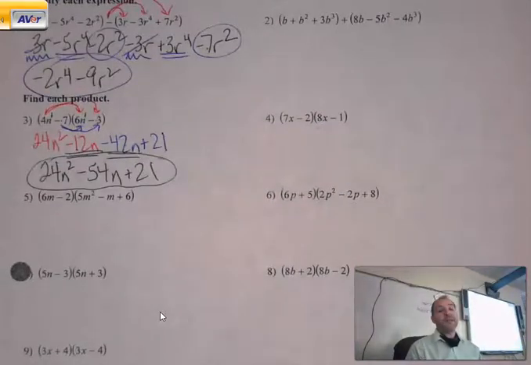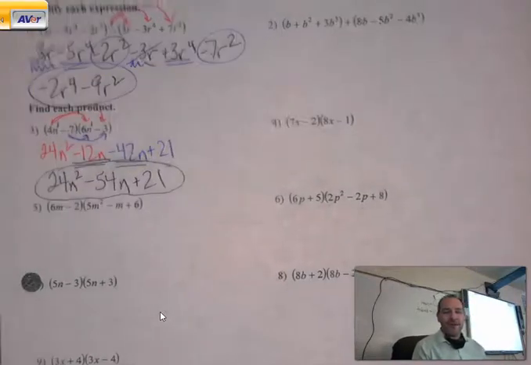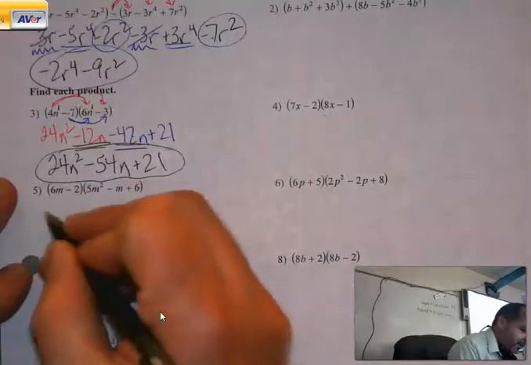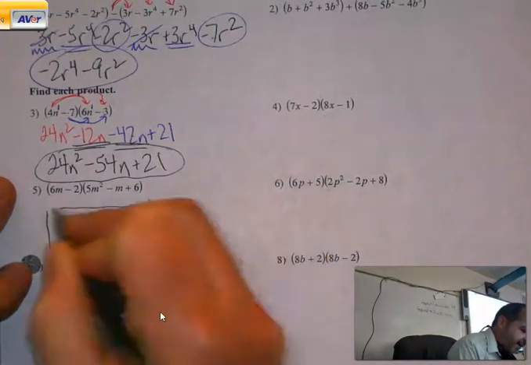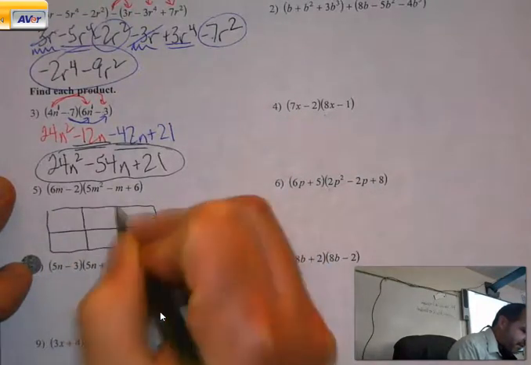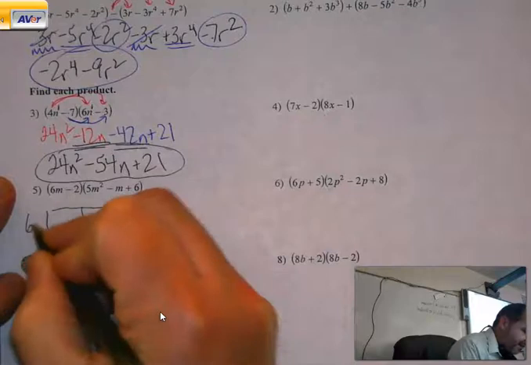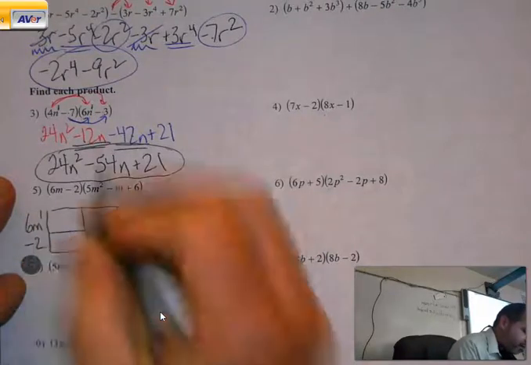Bigger ones, again, I can still distribute, but for fairness, I want to make sure we try a little of everything here. So here, if you want to go to the box, it works on any size polynomial.